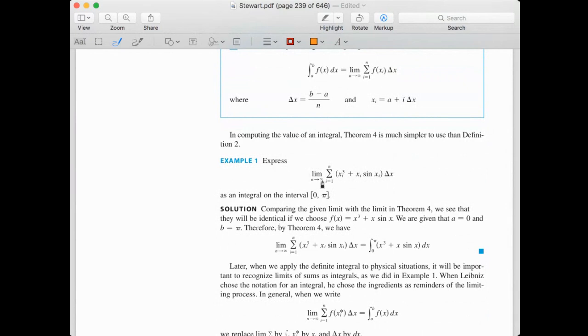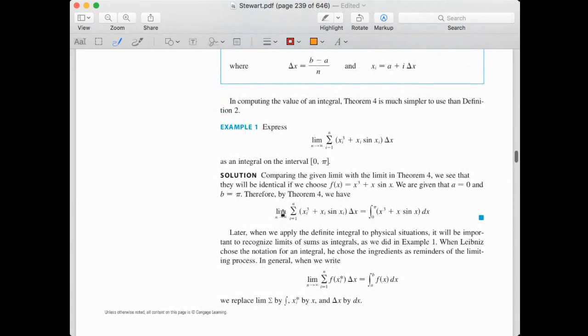Let's see this one. Express the limit as n goes to infinity of this sum of areas of rectangles as an integral on the interval 0 to pi. Well, we're just writing this from 0 to pi. Our lower limit is 0, our upper limit is pi, and we write the integral sign, x cubed plus x times sine x dx.